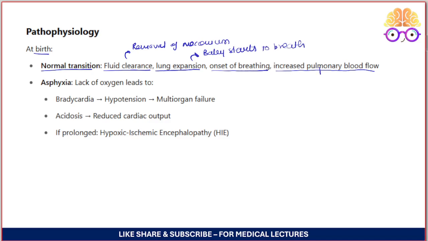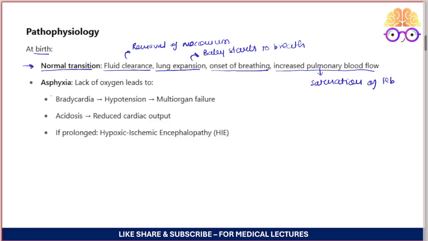And then we have the increased pulmonary blood flow, for the saturation of hemoglobin, in order to provide oxygen to the complete body. So this is the normal transition.